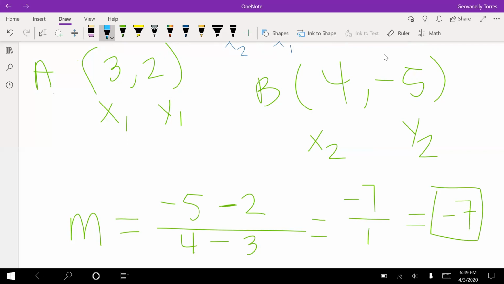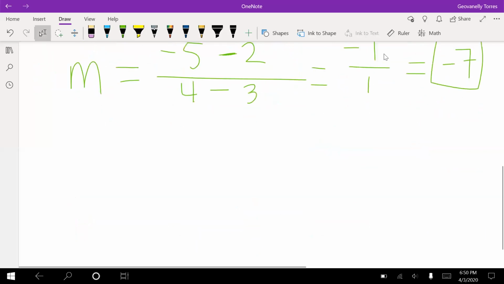Now, if we do this again, but now we switch our x1s, y1s, and our x2s and y2s. So here we will have the point A being (3, 2), and in this case, our 3 will be x2, and our 2 will be y2.